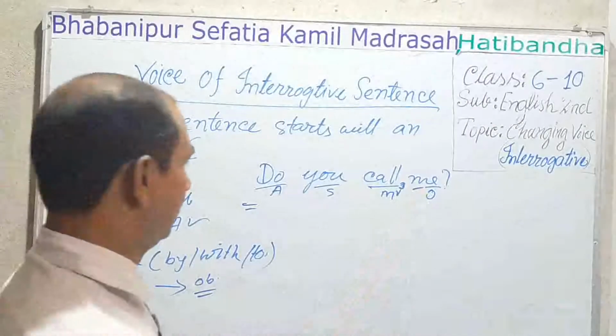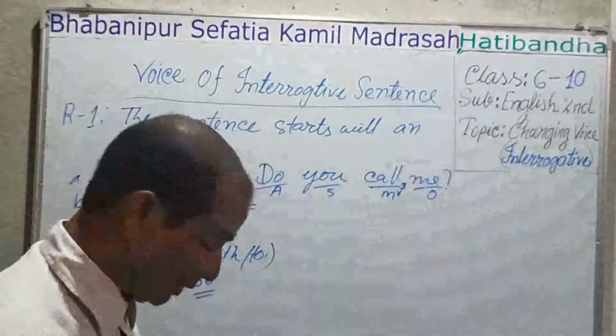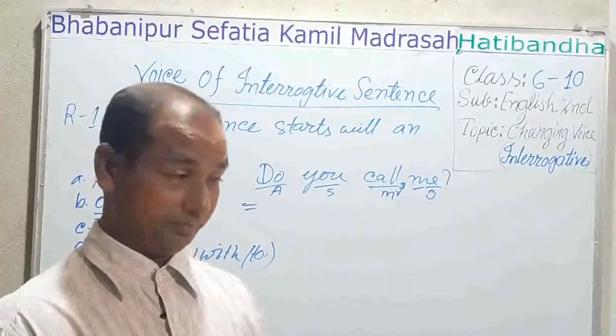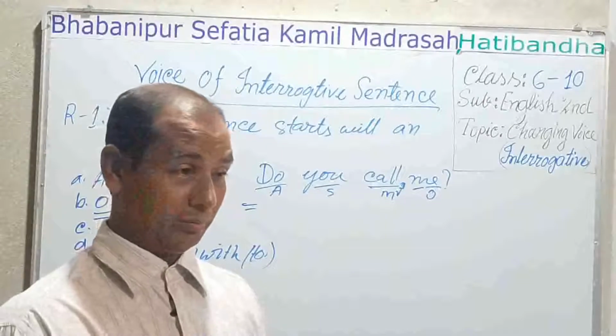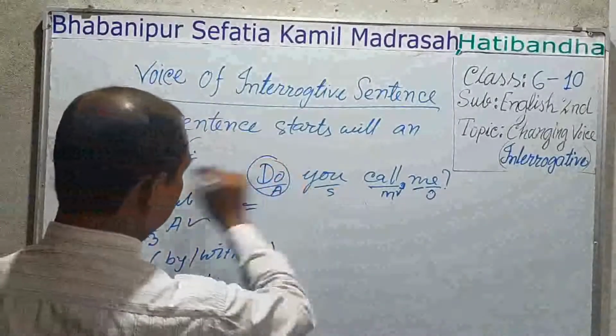So the subjective form of me is I. According to I, in present indefinite tense, we can find am as auxiliary verb instead of do.